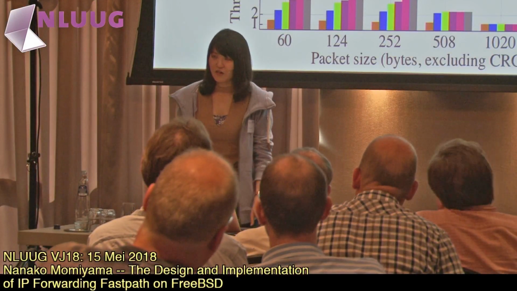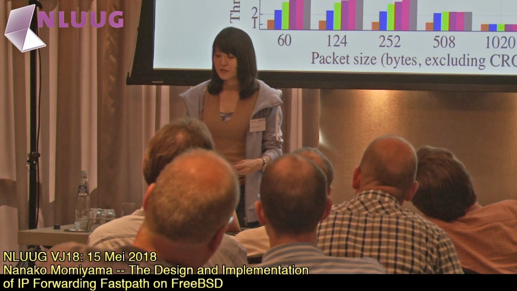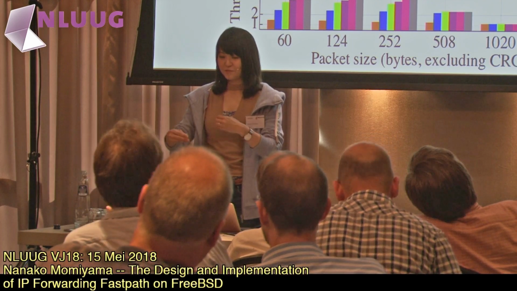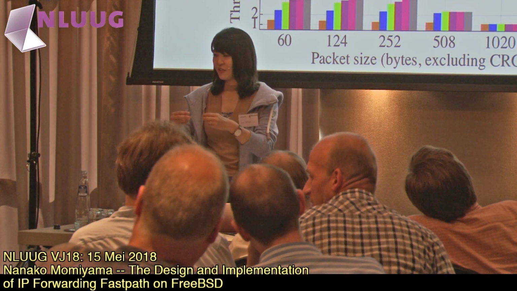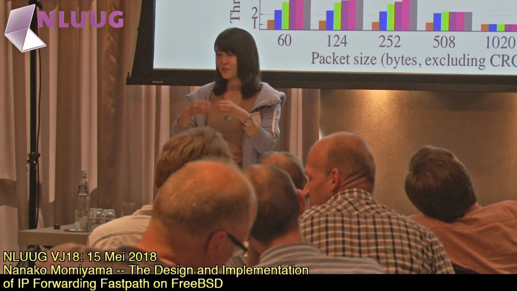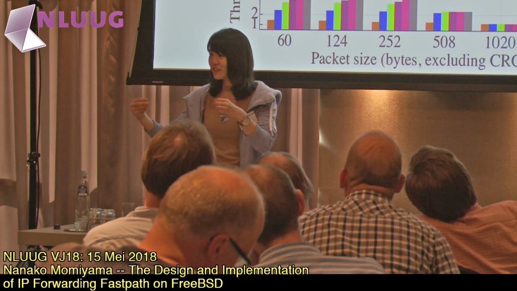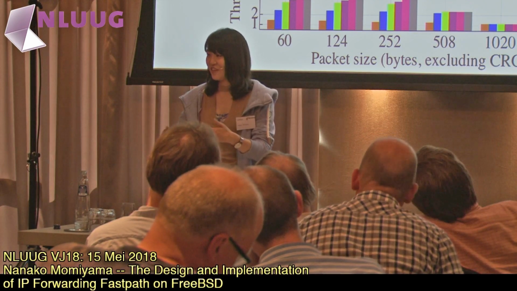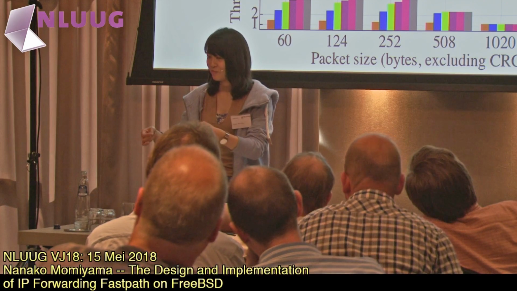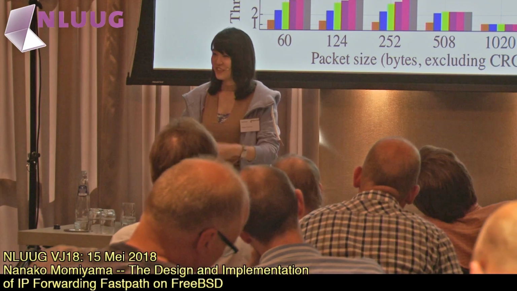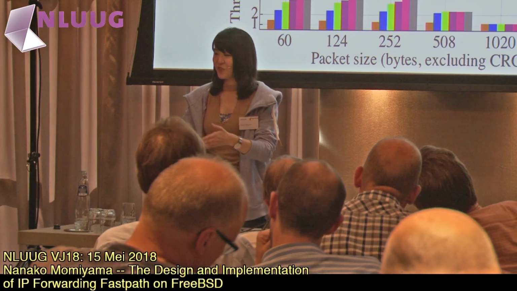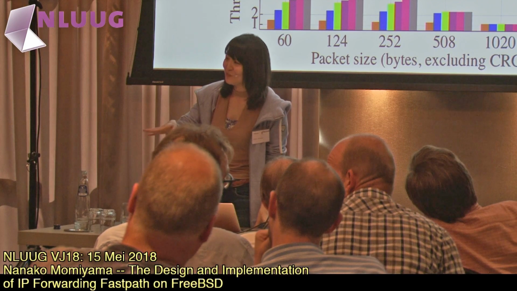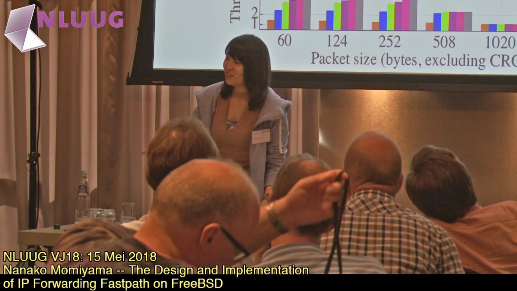Yeah, because the main function of layer 2 is dispatching the packet to a lot of protocol stacks. There is a large variety of layer 2 protocols, so they have to look up which protocol, and that dispatching part is very heavy for processing the packet.